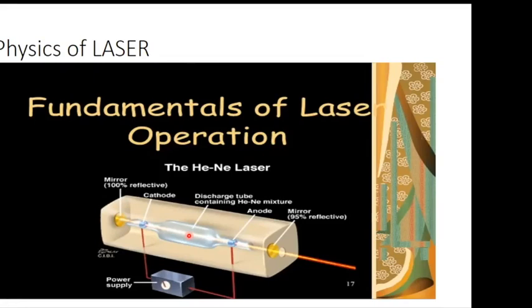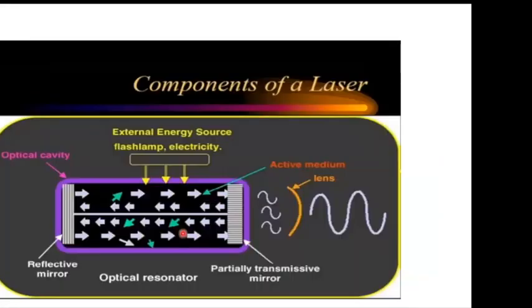When you apply a source of energy, the atoms will be excited and also release energy within this, and then more electrons will be moving around here, and also including photons. Okay, I'll skip this slide. It's still the same thing.